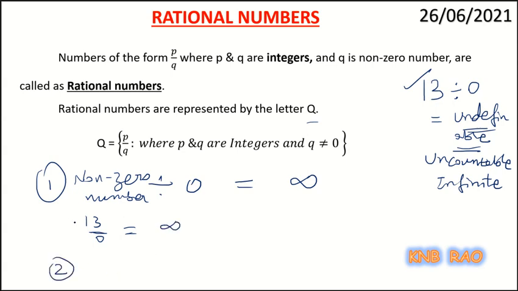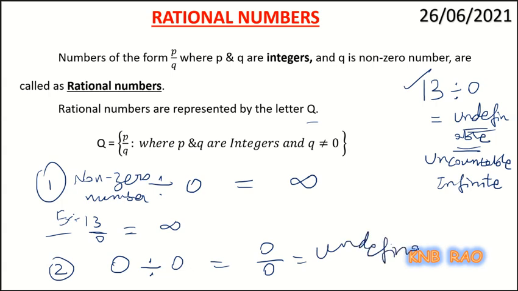And next, what happens when both numerator and denominator are 0, that is 0 by 0? It is clearly undefinable, it cannot be defined. When numerator and denominator are both 0, then we cannot call it uncountable, it is definitely undefinable.